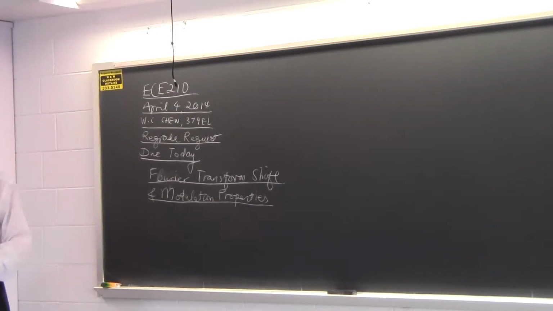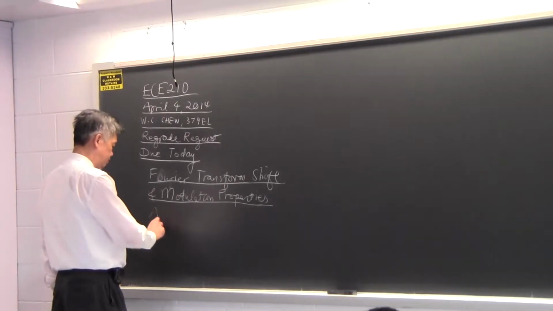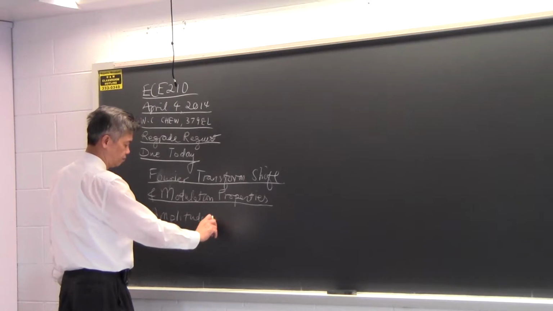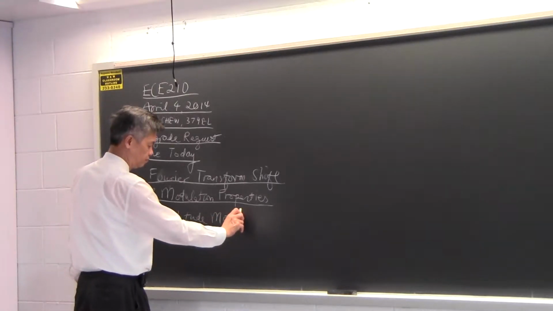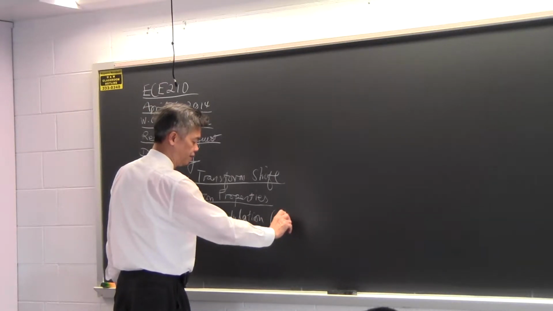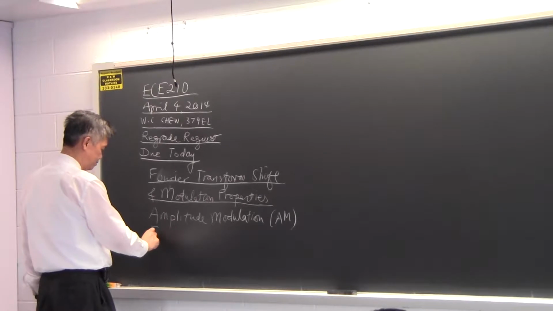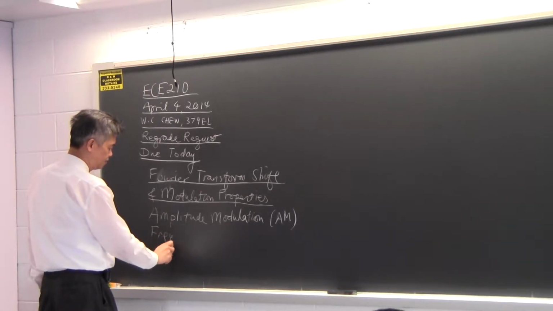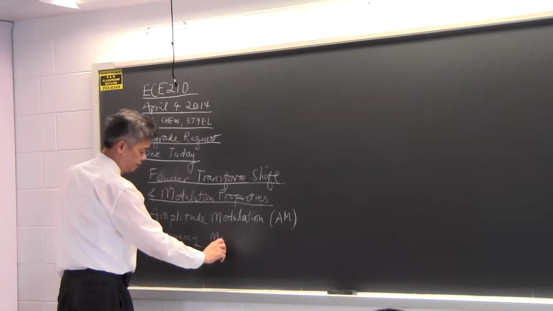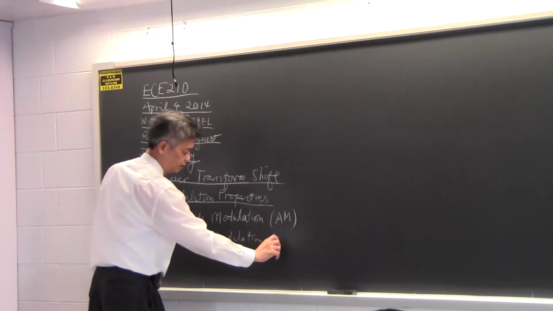Okay, so modulation, at least we're going to learn about amplitude modulation. And this is how your AM radio works. Okay, there is another kind of modulation called frequency modulation, which is slightly more complicated. But we're not learning it today. FM radio.